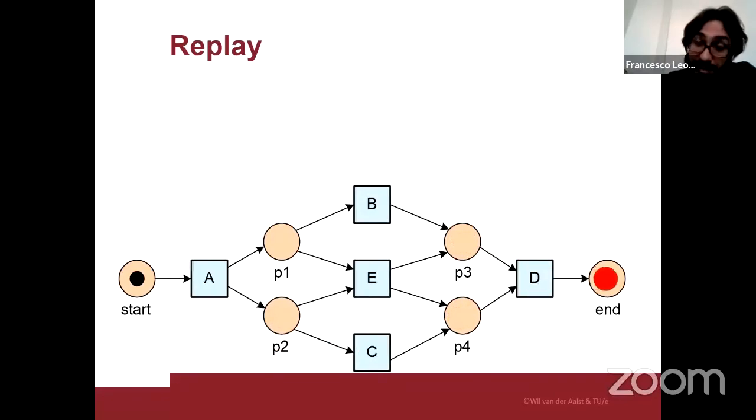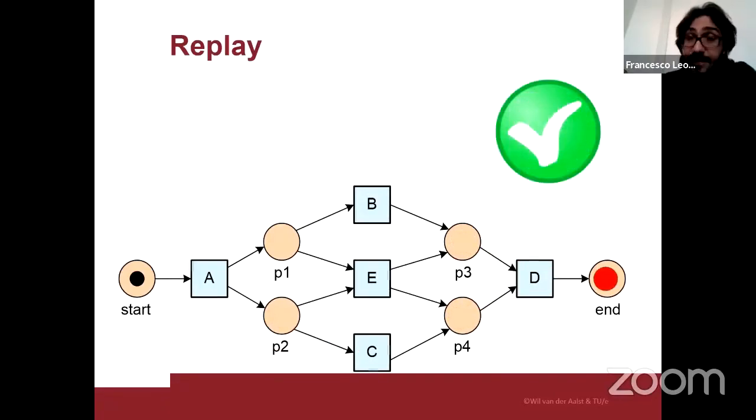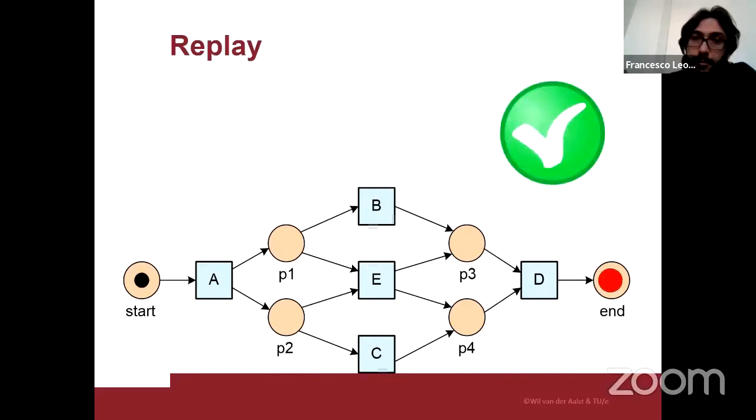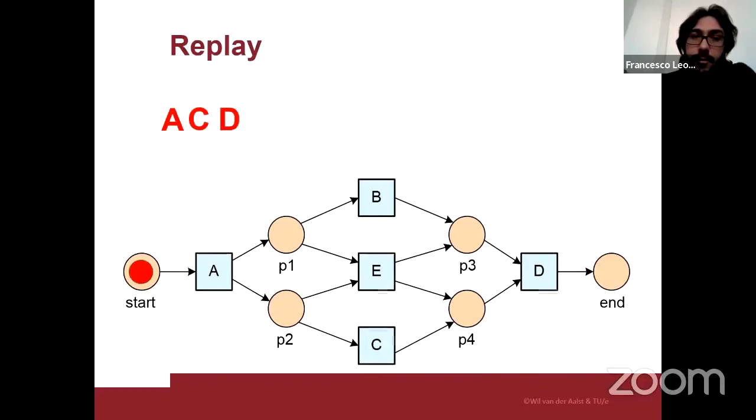This means that this trace, this execution of the process, is compliant with the original process. The same for the trace AED. The trace AED can be reproduced inside the process model. So it is a conformant trace.